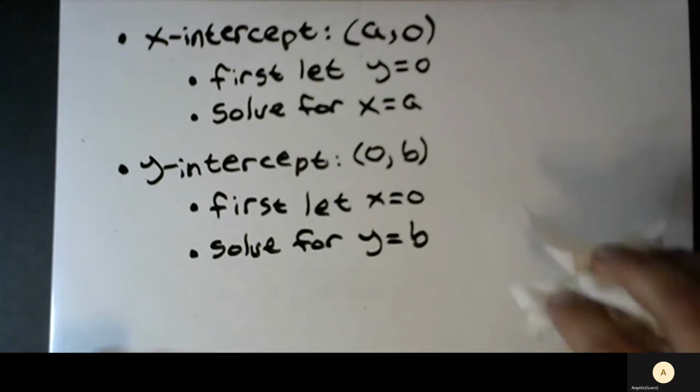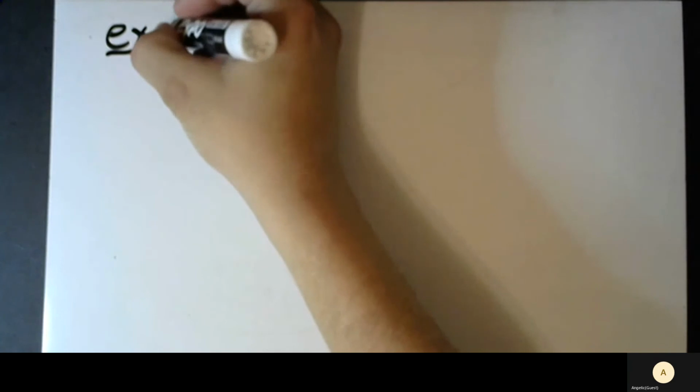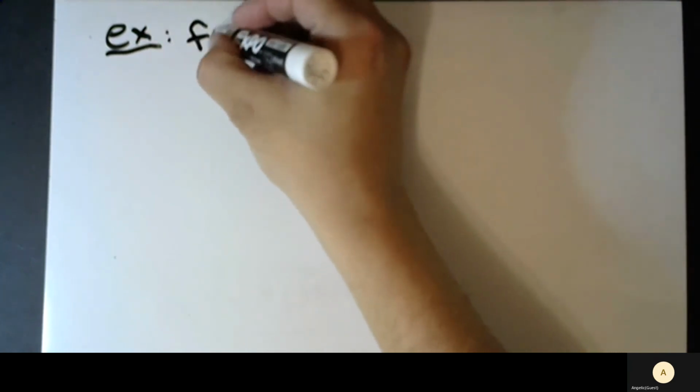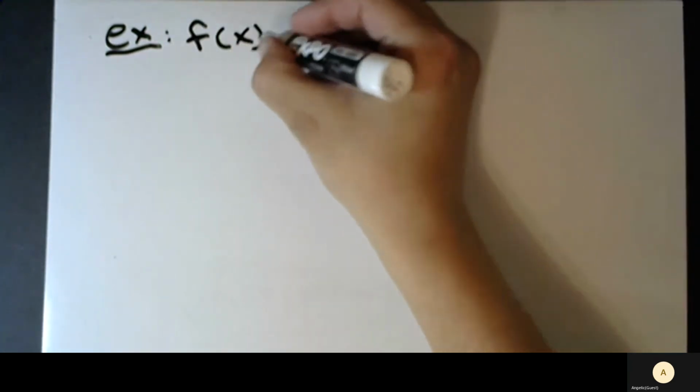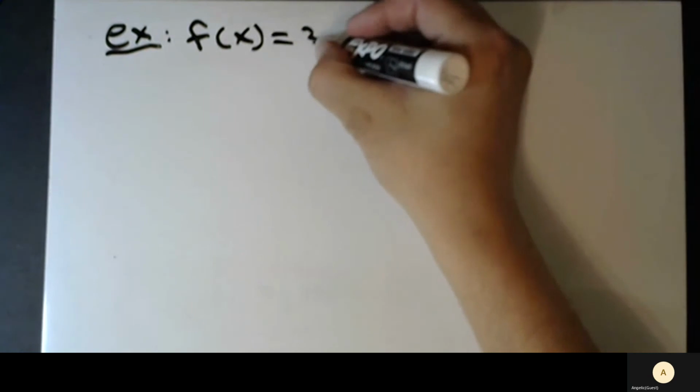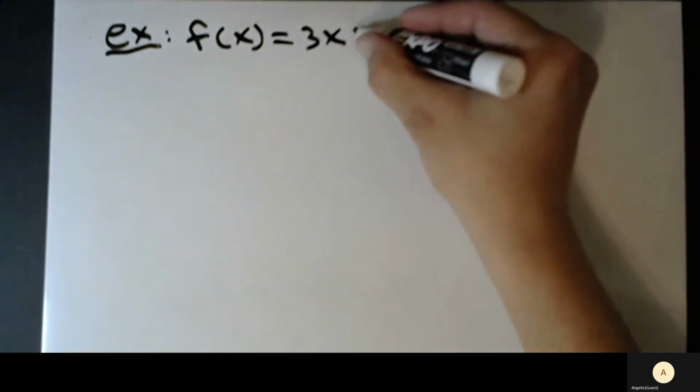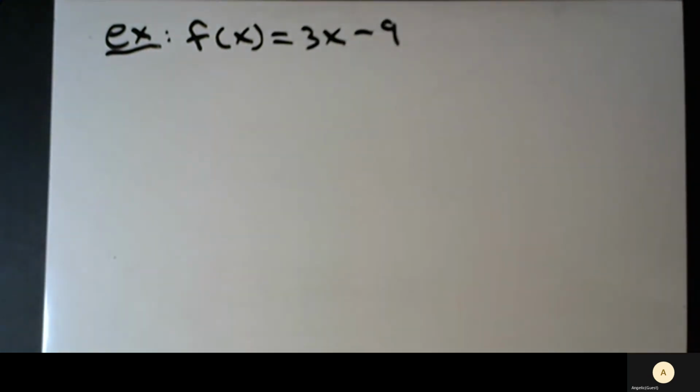All right. So let's say we have this. Now, the problem with this is we have an f of x instead of a y.